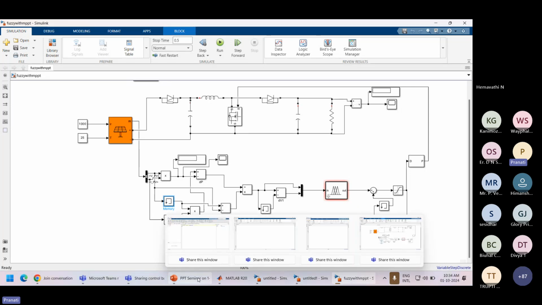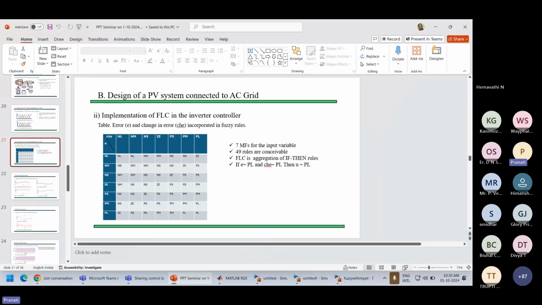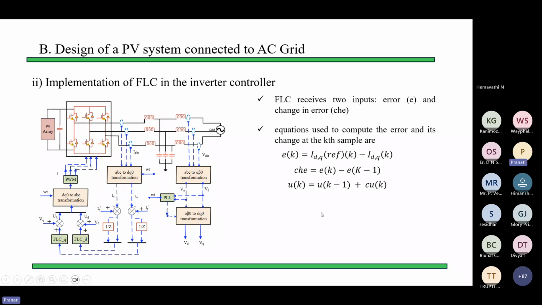See, in this one, these equations for error and change in error: the D and Q axis kth sample must be subtracted from the previous sample, where K minus 1 is the previous value.